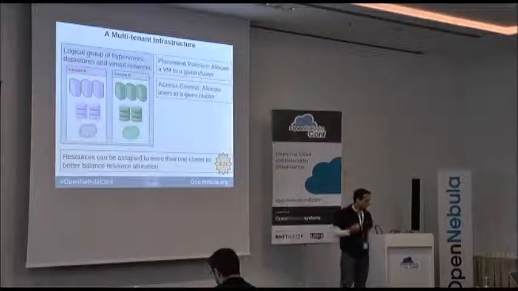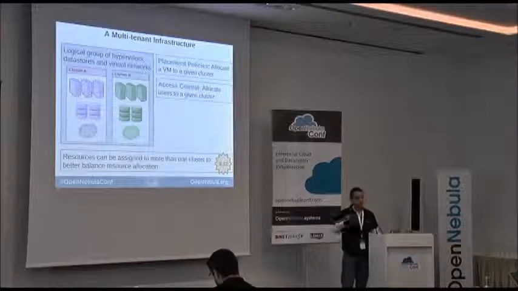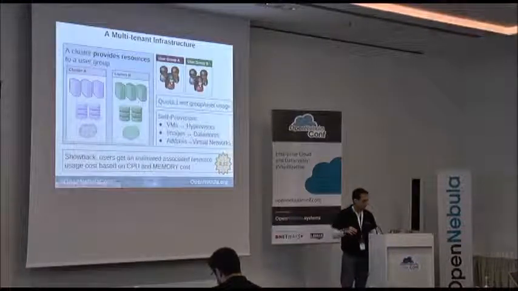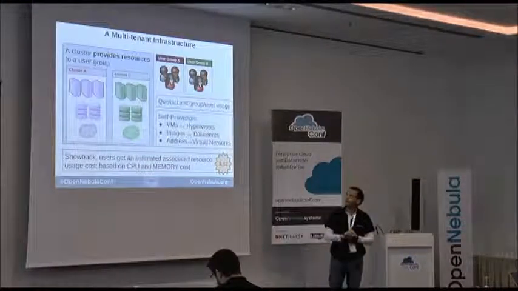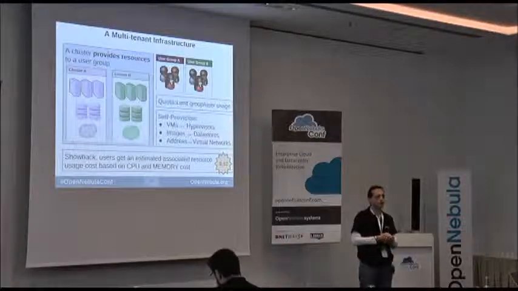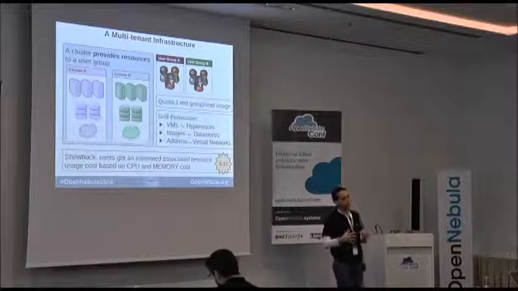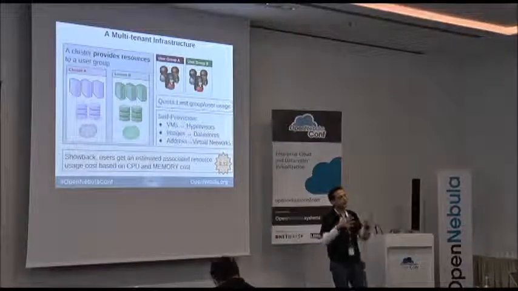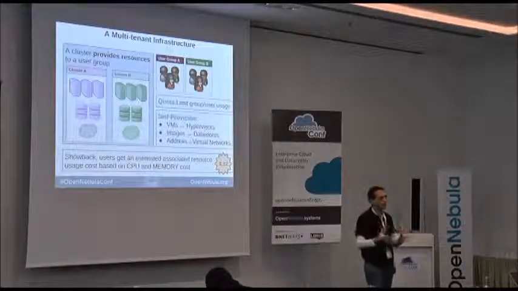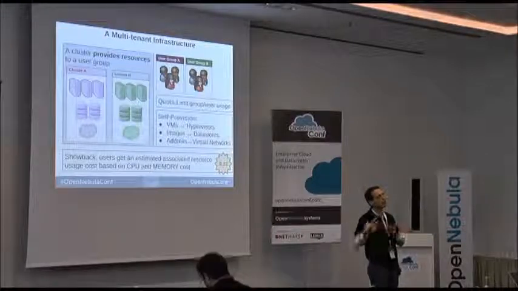Okay, so once we have the clusters as an abstraction to group physical resources, we then have their relations with user groups, right? The third reason to use clusters is that they can be used as a resource provider, a way to provide resources to a group of users.